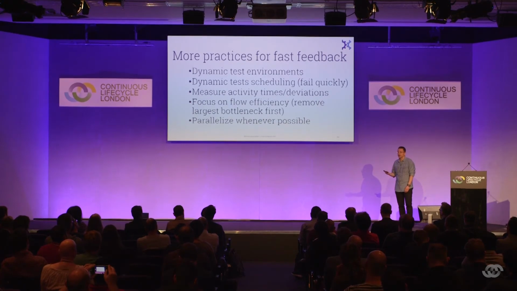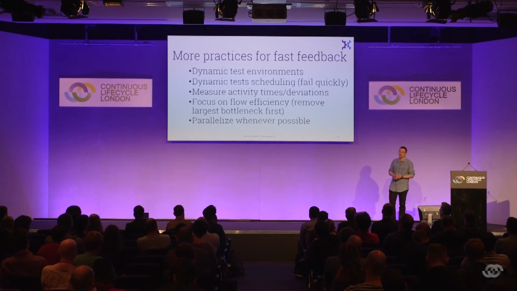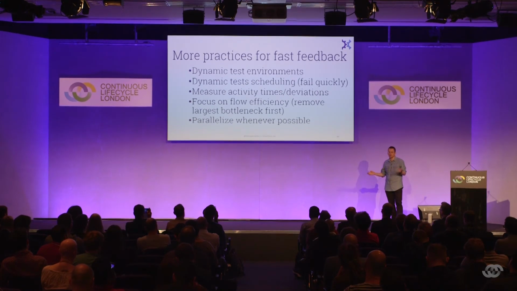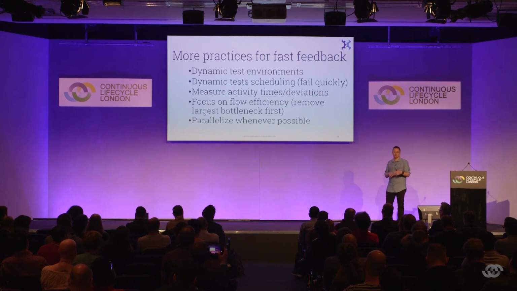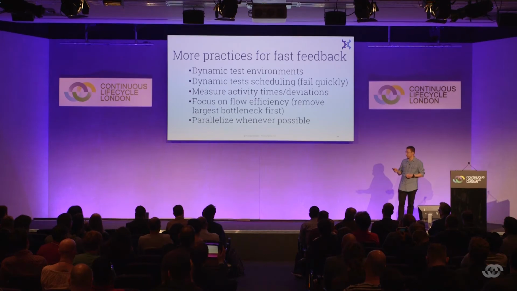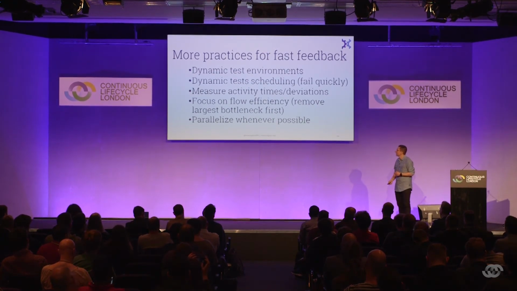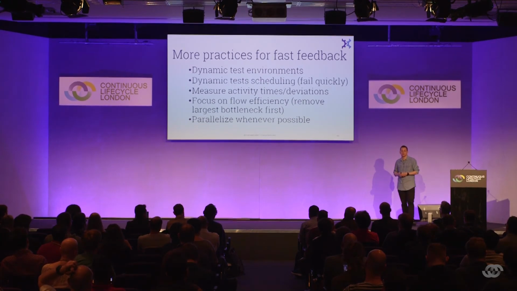And for faster feedback, I would consider having dynamic test environments, so not relying on static test environments where typically you end up having multiple teams that depend on that same environment, and it starts to get complicated to actually run tests there quickly. You can think about dynamically scheduling the tests in your pipeline.